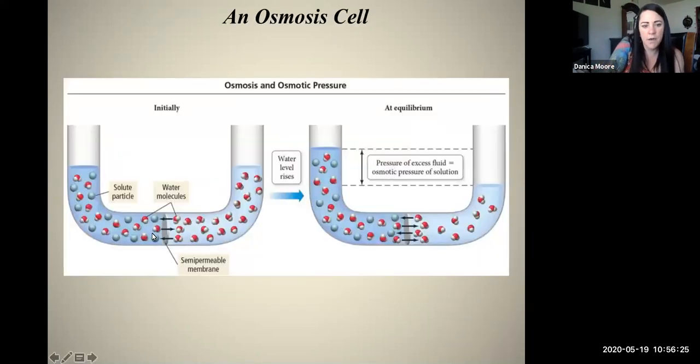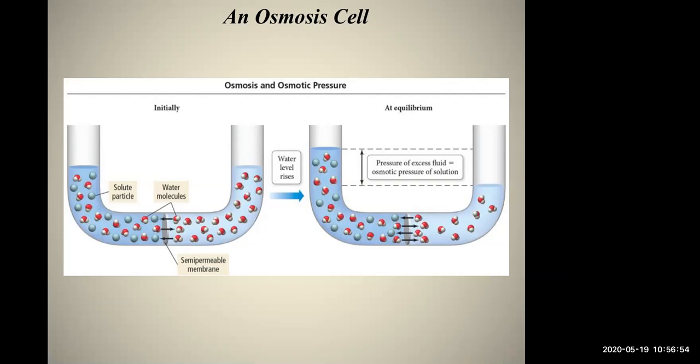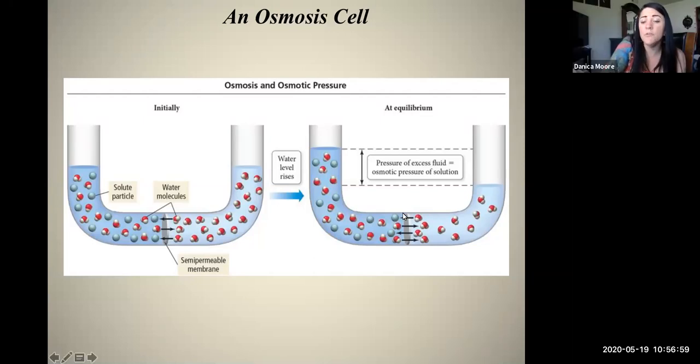If we're talking about a solution over here and pure water over here, the solvent is going to want to flow this way to try and lessen the concentration gradient. Does that make sense? Yes, so water moves towards higher solute concentration. Exactly, to try and level the playing field, as it were.